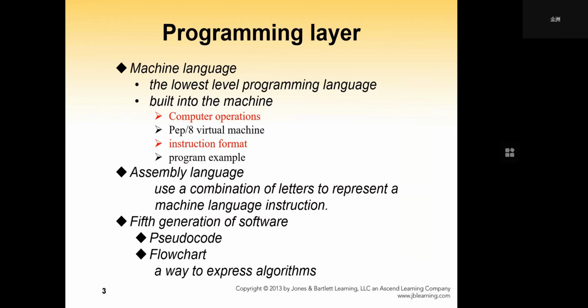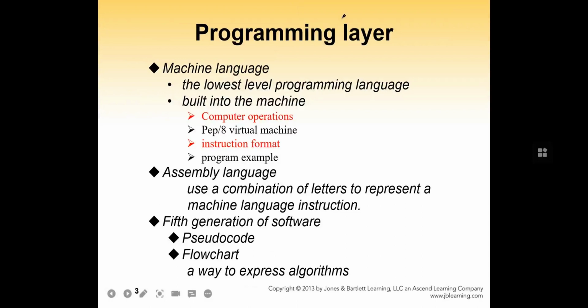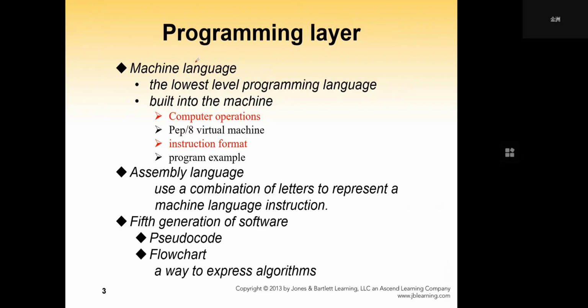So the first program, in fact, was written in 1951, and it was written in binary digits. Okay, so the software is in fact some kind of a program. And the program is what we tell the computer, how to do the instructions.